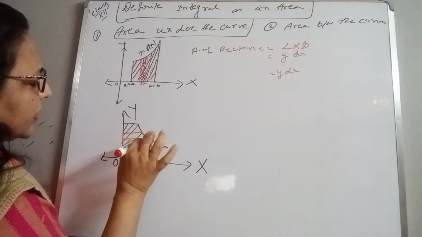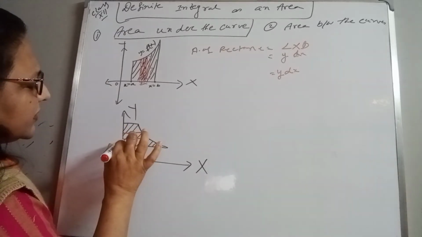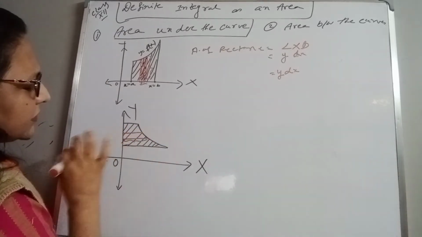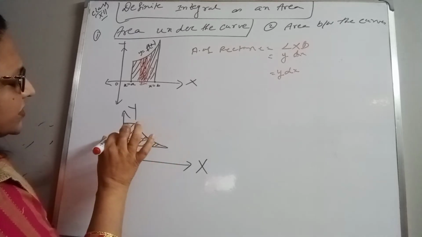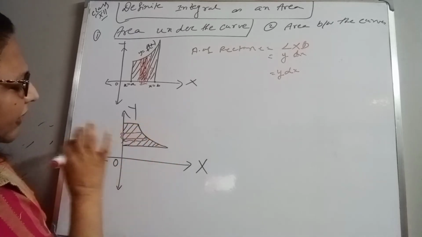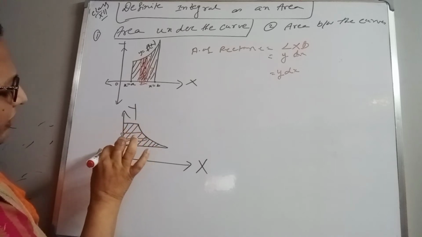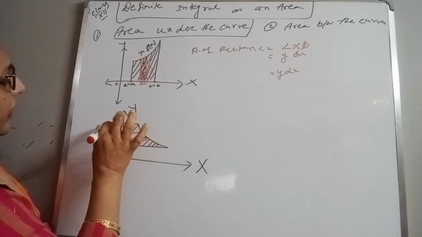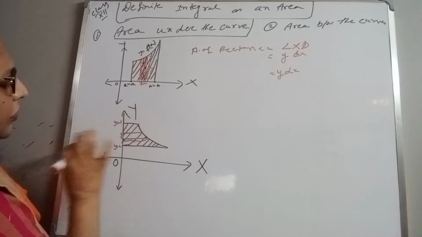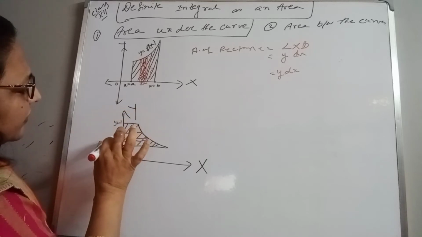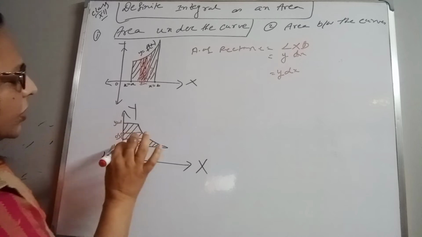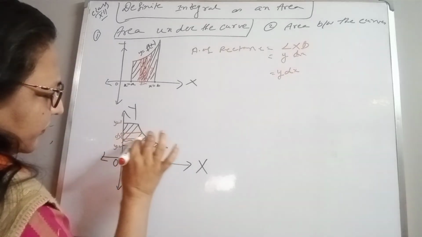Here this is x, and this part is the change of y. Let these points be y equals c and y equals d, and this change we can write as dy. This is the width for x.